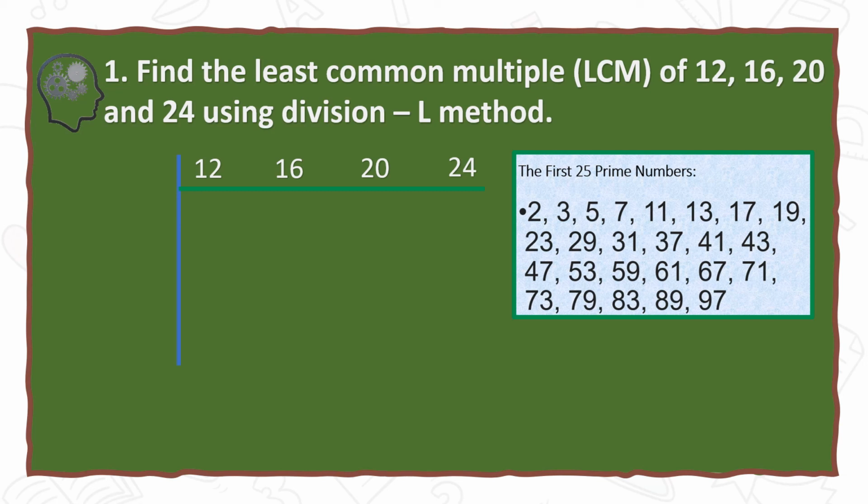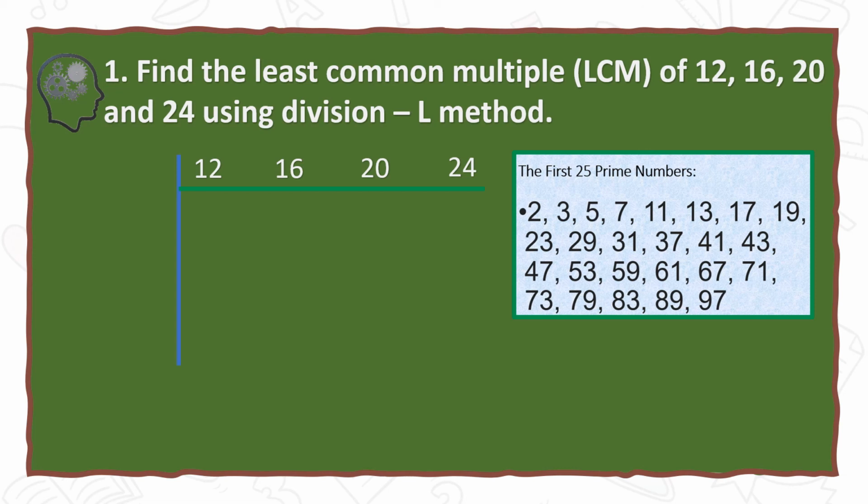There are only two factors. 3, the factors are 3 and 1, or 1 and itself. 3 times 1 only. So 3 is a prime number. 5, the factors of 5 are only 5 and 1. So 5 is a prime number. Again, these are the first 25 prime numbers only. You can search the internet for the other prime numbers which are greater than 97.